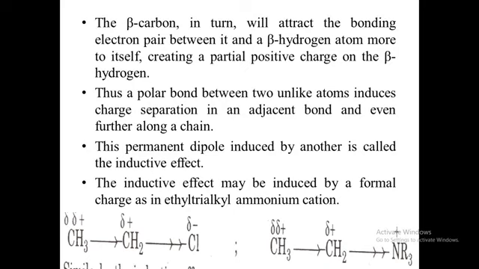And the other case, that is electron donating, that is any alkyl group. Why alkyl group has electron donating inductive effect? This can be explained in some other topic that is known as hyperconjugation.